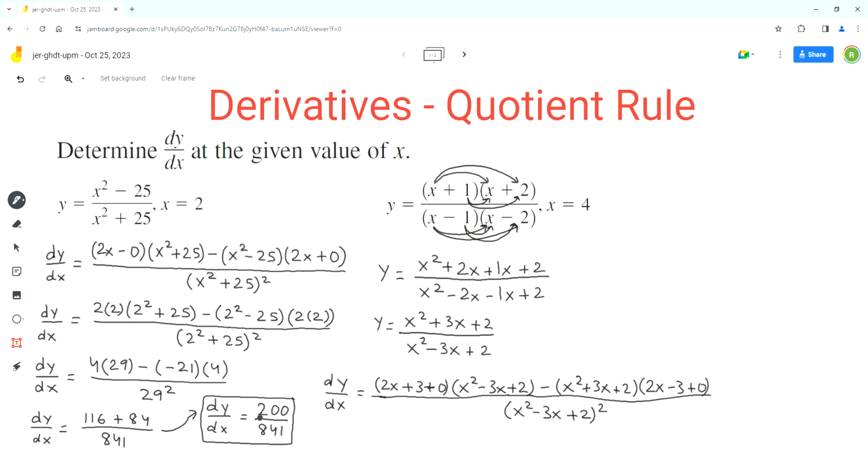Now we can sub in x as 4 in this expression to find the value of dy over dx at x equals 4.